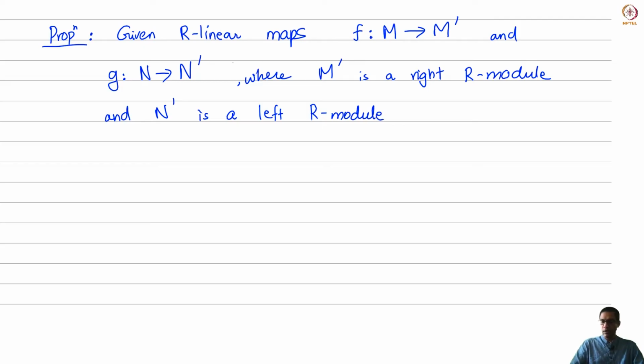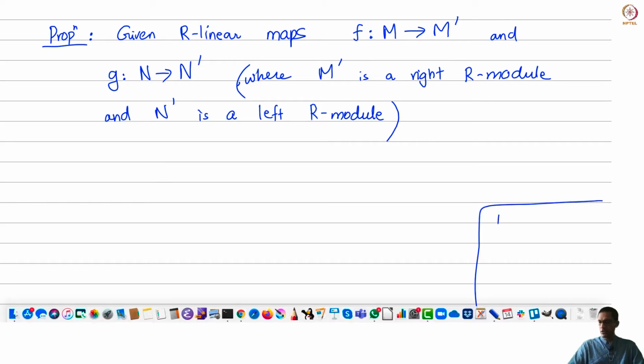And what is an R linear map? Well, it's the usual definition, also for right modules. A right R module homomorphism just says that f of (m r) is nothing but f of m times r.